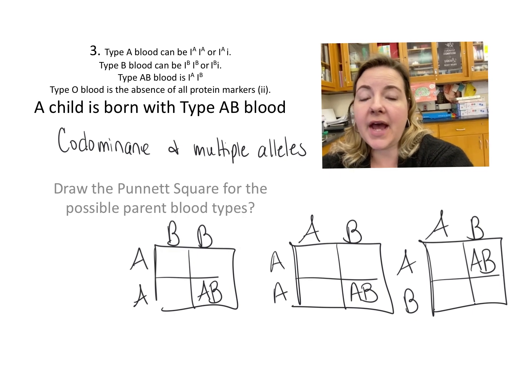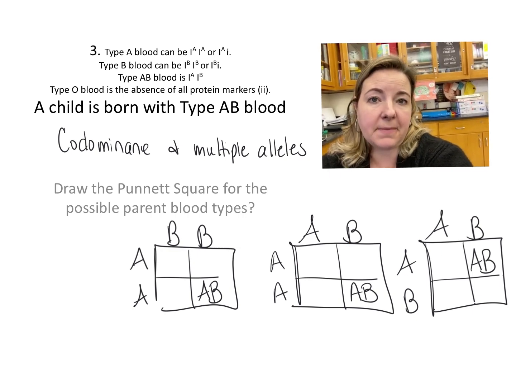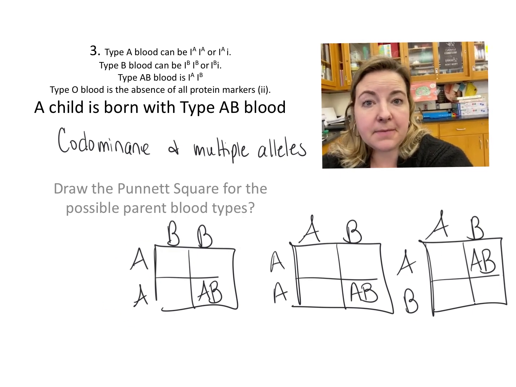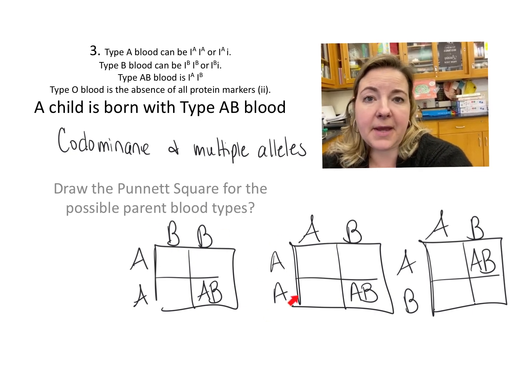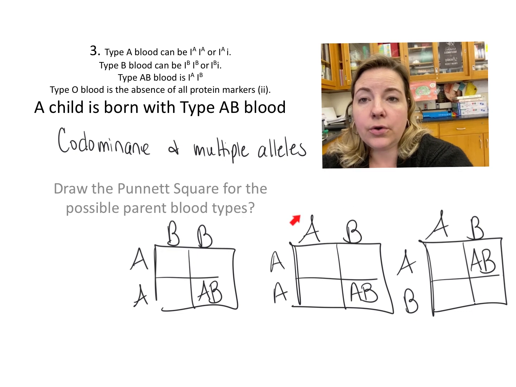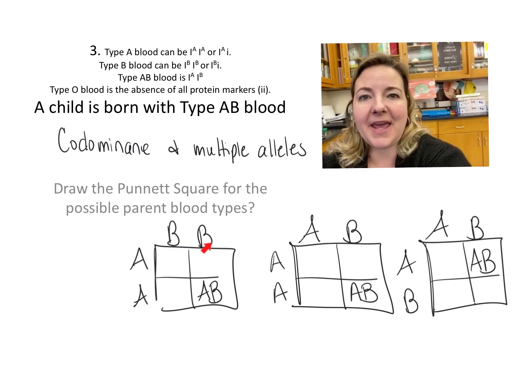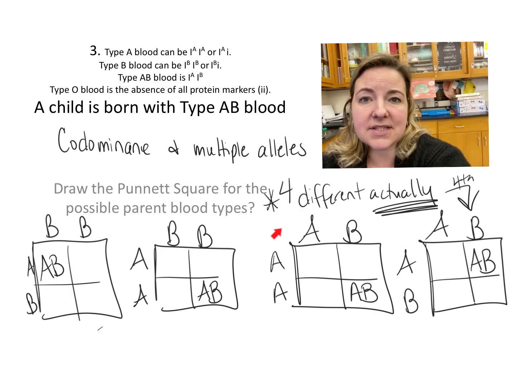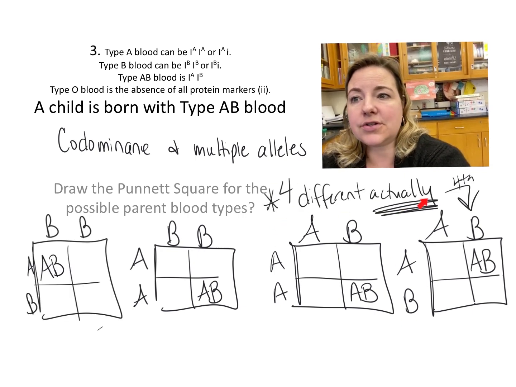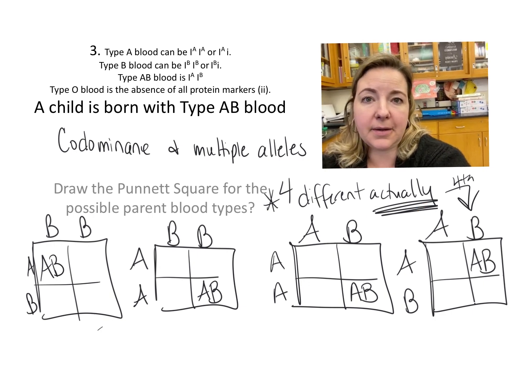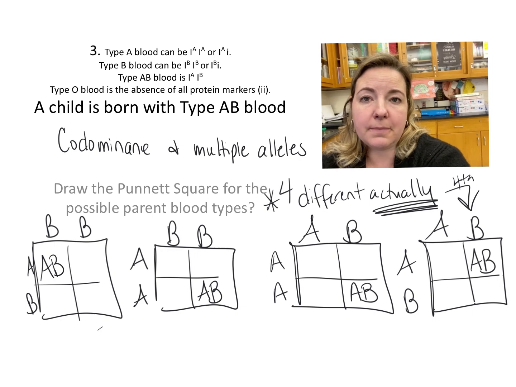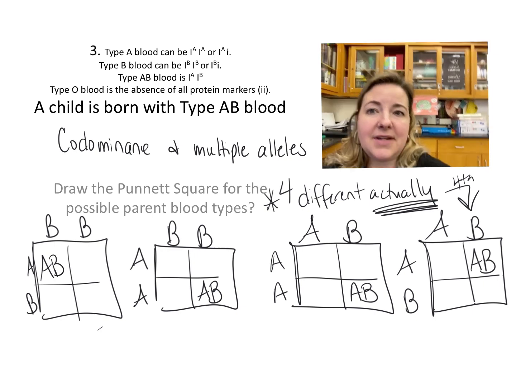So you could have one parent with blood type A and one parent with blood type B. You could have one parent with blood type A and a parent with blood type AB, or you could have a parent with blood type B and a parent with blood type AB. So there are three different possibilities that we can go with here in order to get a child with type AB. So make sure that you've got all the different possibilities.